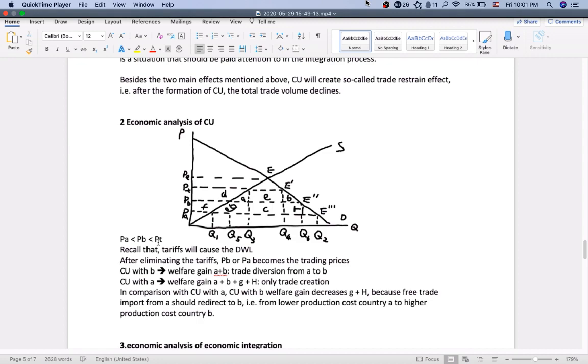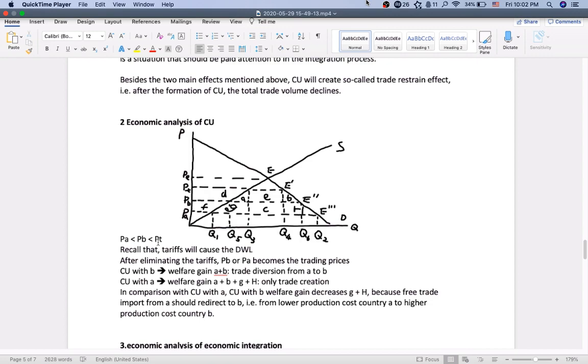Since the net benefit is created when the price is reduced from PT to PB, the net welfare gain will be the area A plus B. Because the price is lower, the consumer surplus increased by ABDE, and the producer's surplus reduced by the area D. And E is the tax transfer.